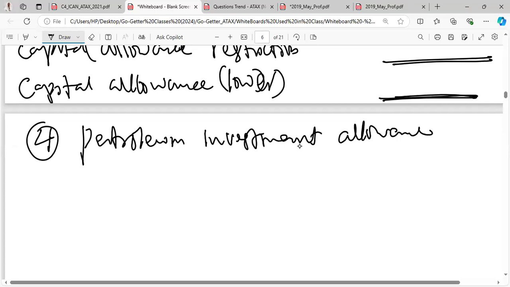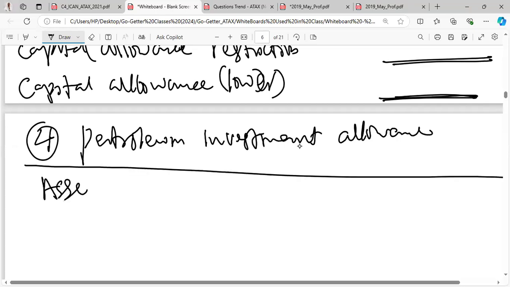So we have assets, costs, location, rates, amount.